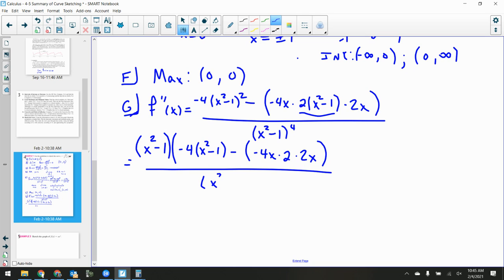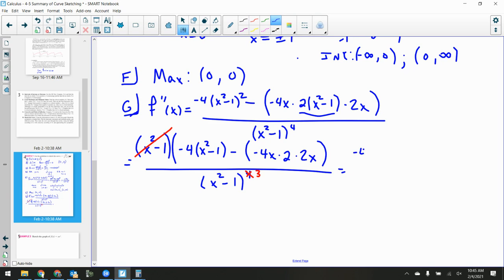Now this is all raised to the 4th power again, but look at what I can do. I can cancel one of those out, and this is going to turn into a 3rd power instead. And now I reduce the inside of this parenthesis here.